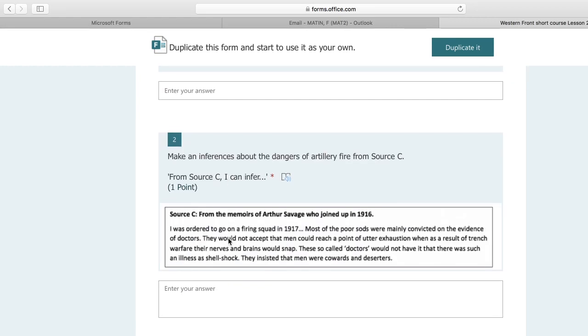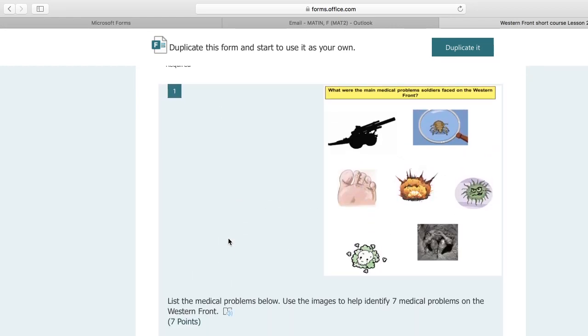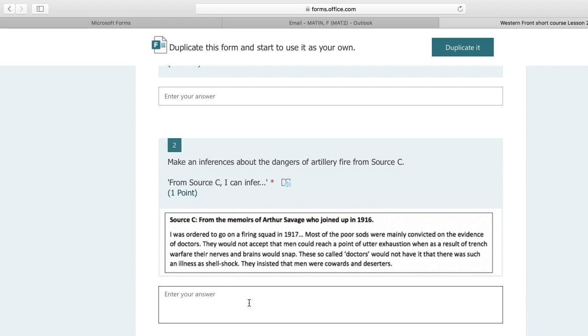So the second thing that you need to do, after looking at the medical problems, is read through the source and make an inference about the dangers of artillery fire. So what can you learn about artillery fire based on that source? You might have learnt about the impact of it, the physical impact, the psychological impact, a long-term impact, a short-term impact, maybe how bad it was.